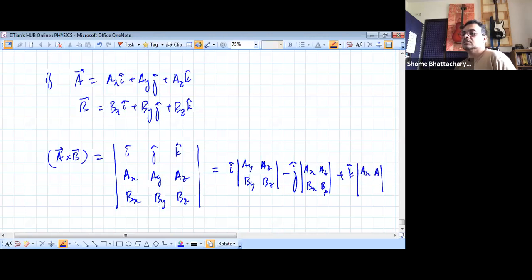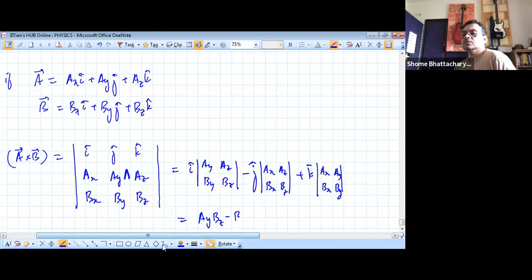So Ax, Ay, Bx, By, and the final step, you solve each of these 2 by 2 matrices by first diagonal minus second diagonal. So this becomes Ay, Bz minus, that is the rule for the determinant. The middle term comes with a minus sign.